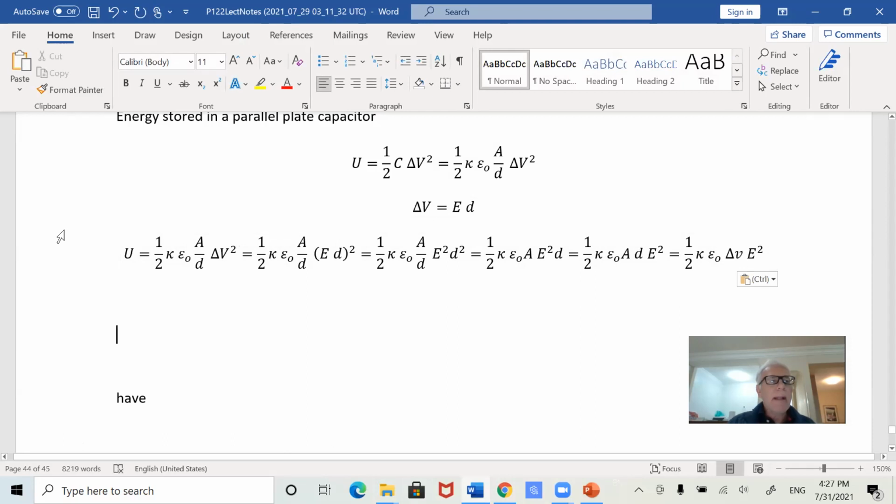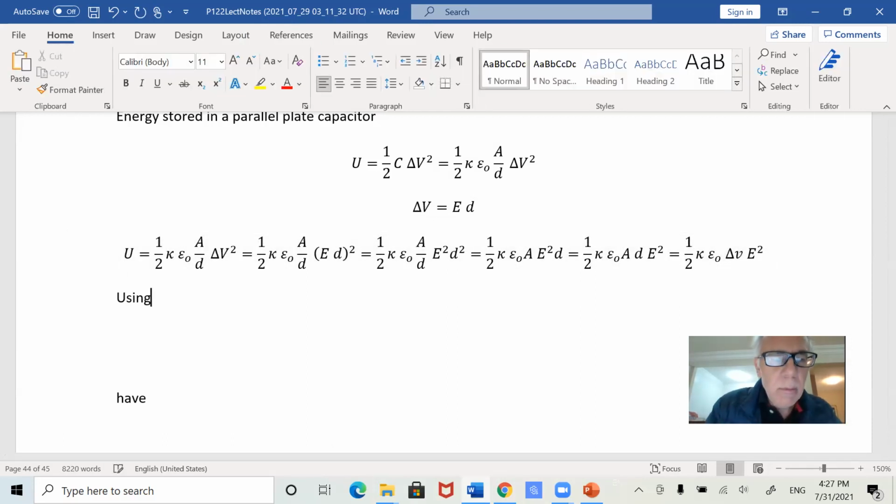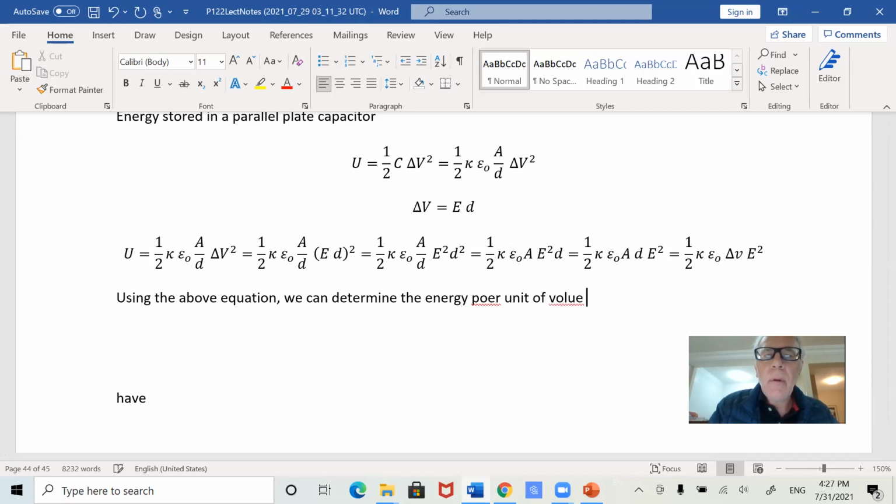And finally, we can rewrite using the above equation. We can determine the energy per unit of volume of the capacitor.